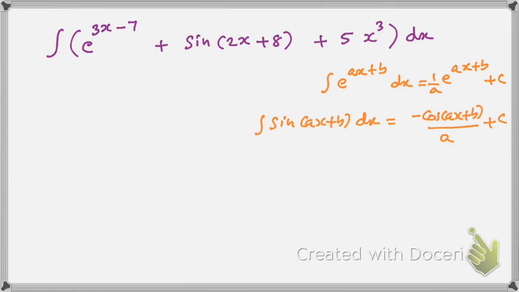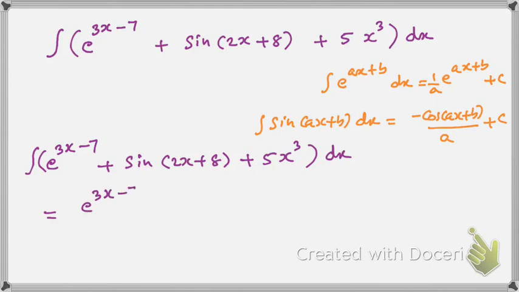So trying to apply these results into this question, I integrated term by term. So that's my question, and I would integrate the 3 terms term by term. E raised to 3x minus 7 integral is e raised to 3x minus 7 itself divided by 3. So I am done with the first term.